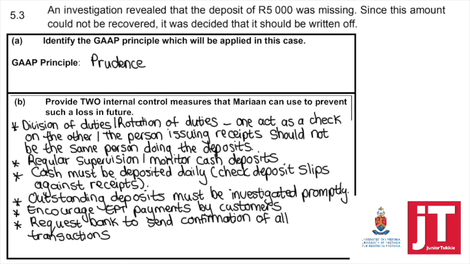Request that the bank send confirmation of all transactions through SMS. So then you can immediately see, but hey, you went to the bank today and you were supposed to deposit X amount, but an SMS shows that only so much was deposited. So you can act promptly, much quicker.